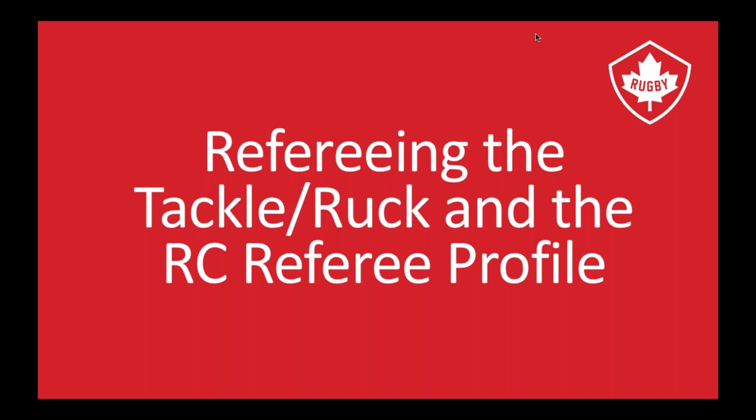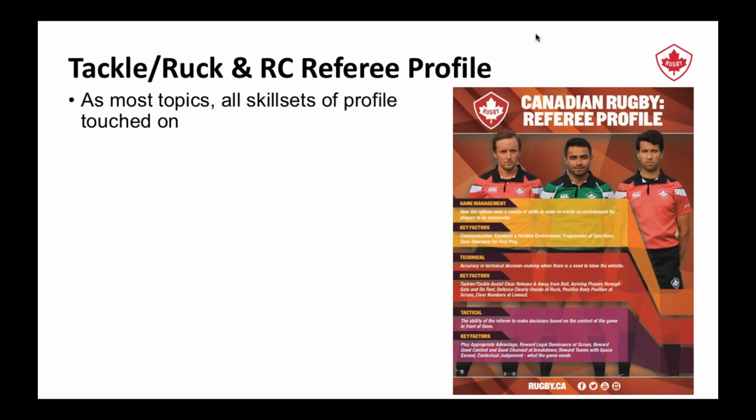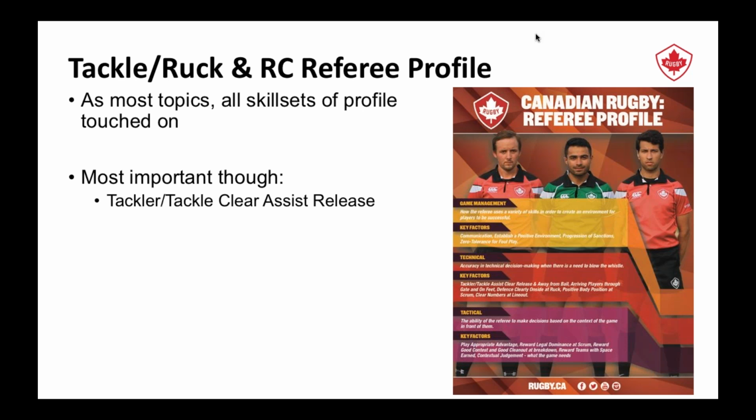Excellent. So as we do with most of our webinars, we look at how this particular module or topic fits in with our Rugby Canada referee profile. All of the skill sets or key factors listed in the profile should be touched on in some way. But the most important ones that we will take a look at are, from a technical perspective, our tackler and a tackle assist clearly releasing.